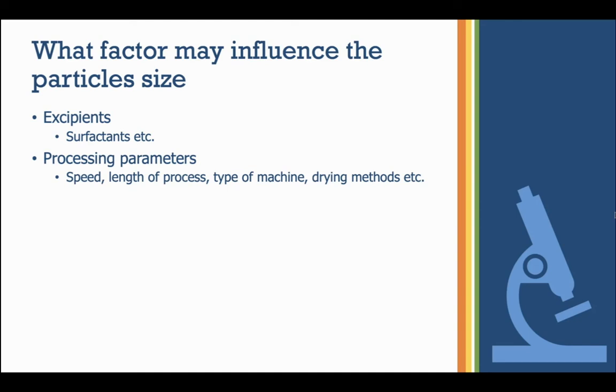Each rpm or speed may produce a different particle size. So how can we know the differences are significant? This can be done through statistical analysis.